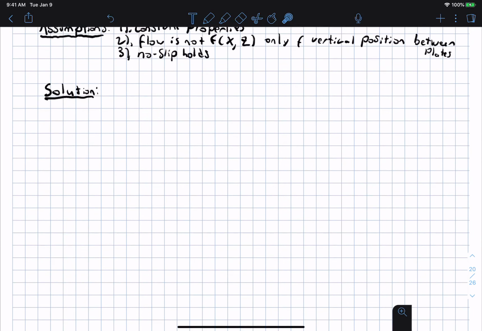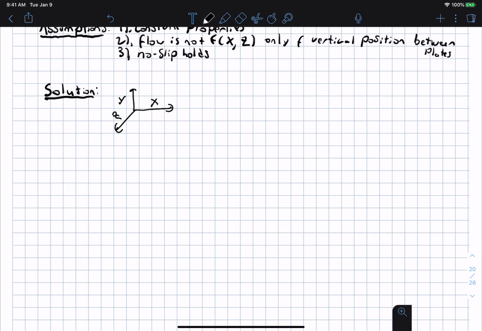And so the solution, where do we begin? For the solution, we want to first just take note of what we know.